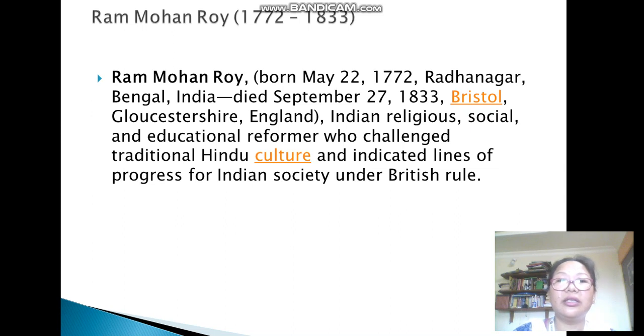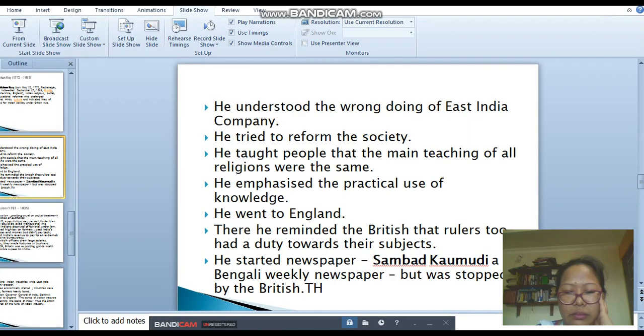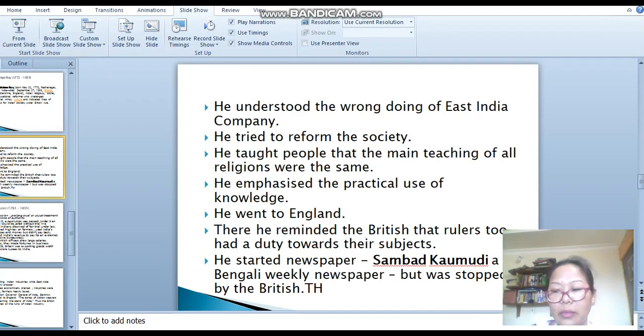We learn about Ram Mohan Roy, who was a social reformer, an Indian religious, social and educational reformer who challenged Hindu cultures. Ram Mohan Roy understood the wrongdoing of East India Company. He tried to reform the society. He taught people that the teaching of all religions were the same. He emphasized practical knowledge, use of knowledge.